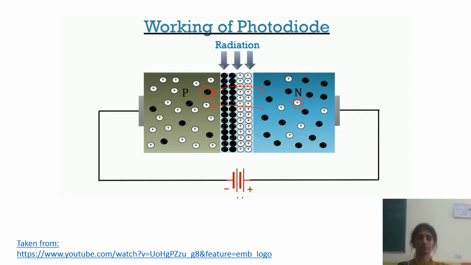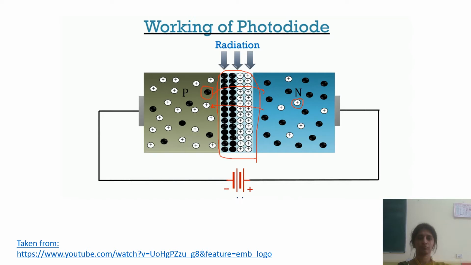This reverse current is known as dark current. After a certain point of time, the movement of minority carriers generates a depletion region across the junction. This is our depletion region. It contains neutral atoms that do not allow any further flow of electrons or holes across the junction.